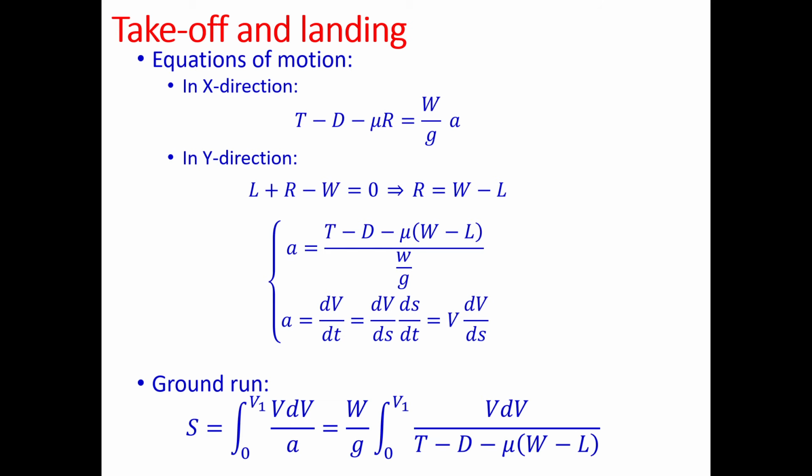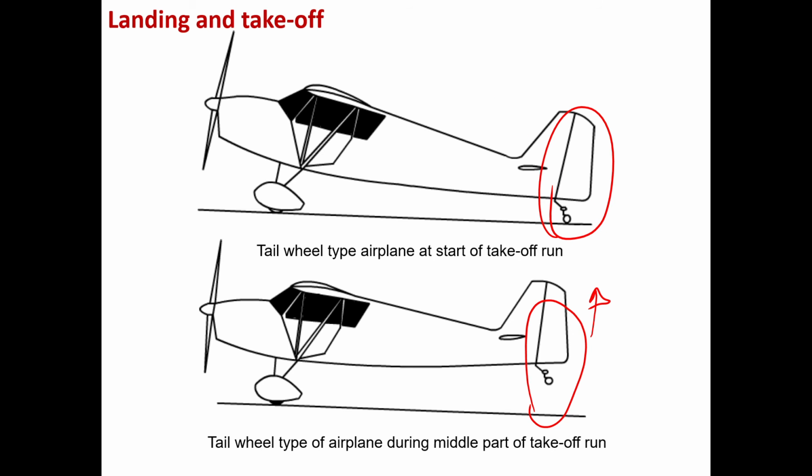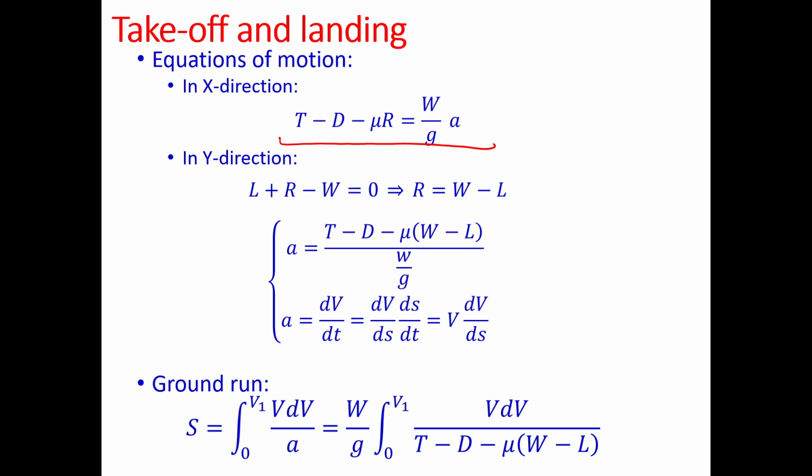So we can write the force balance in both directions, in the x direction or in the horizontal direction. You are moving in that direction before reaching this point, the transition point, the on-stick point, right? You are moving in that direction, so the acceleration is only happening in that direction.